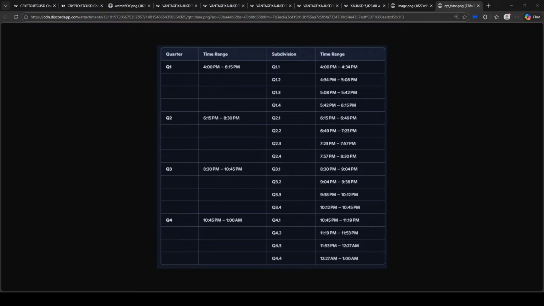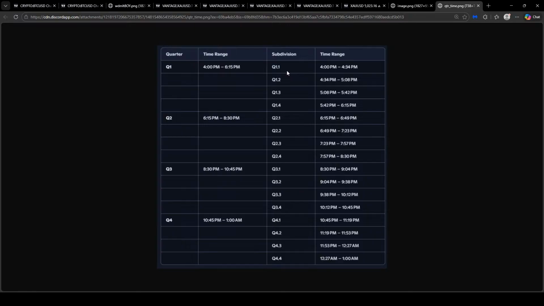Quarter 3 starts at 8:30 and ends at 10:45 p.m., while quarter 4 starts at 10:45 and ends at 1 a.m. Each quarter is subdivided into 4 quarters.